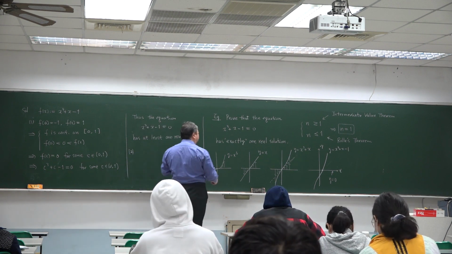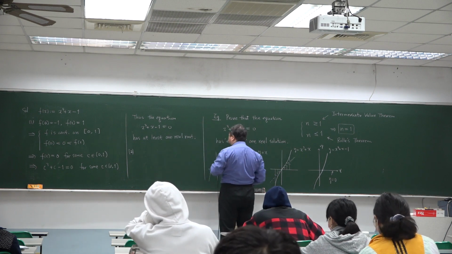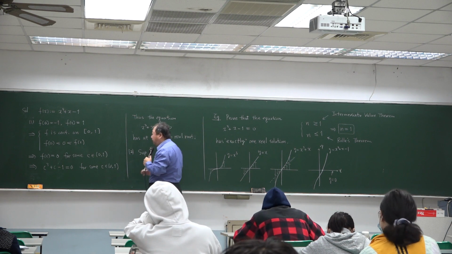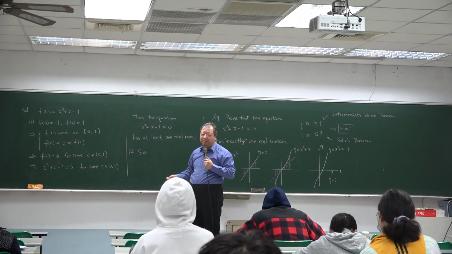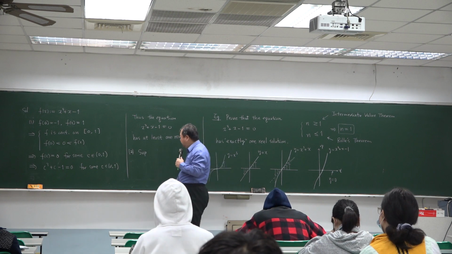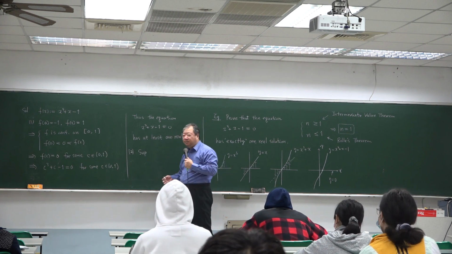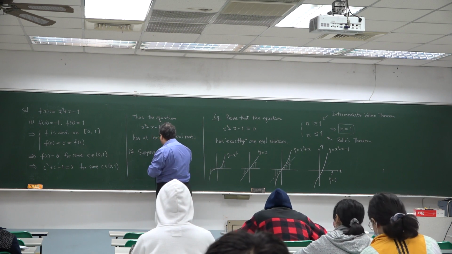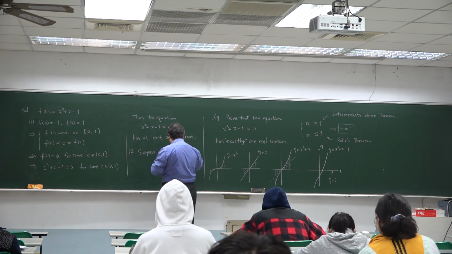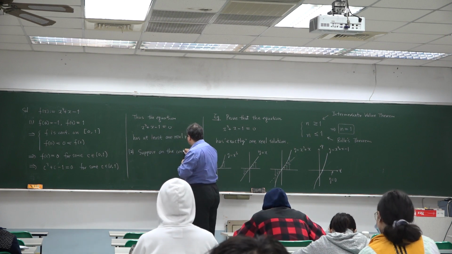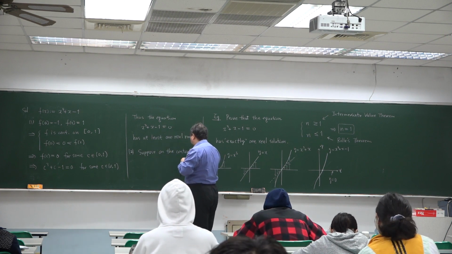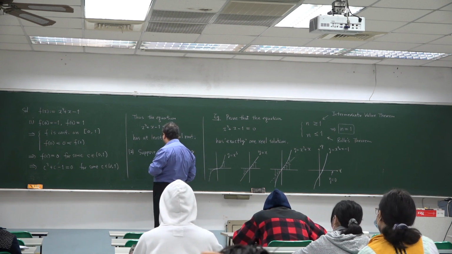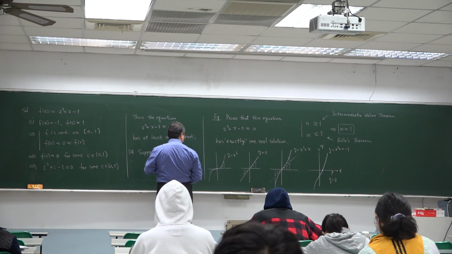To show at most one, okay, we use the method. We prove this by a contradiction. Use the indirect proof. Suppose, on the contrary, or to the contrary, this equation has two, at most one solution.